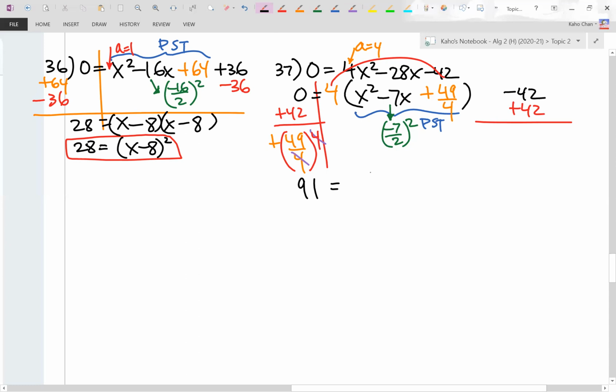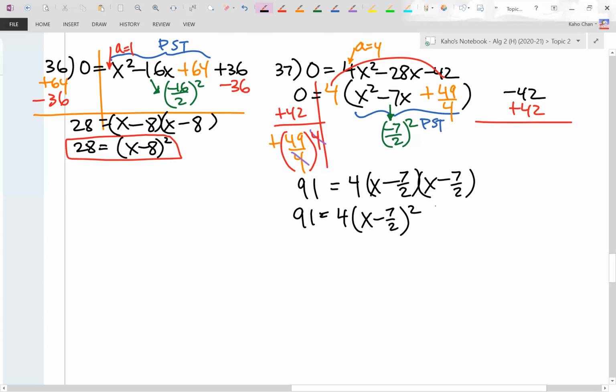And on this side, I have 4 times that right there. That is going to be x minus 7 halves. Yay! 91 equals 4 times x minus 7 halves squared.